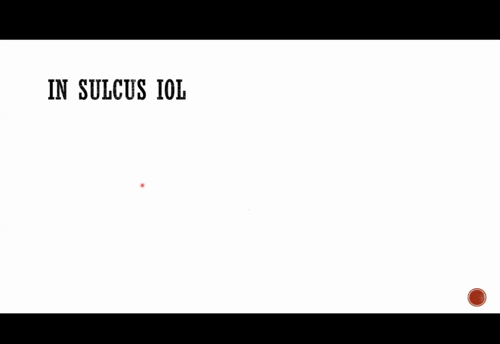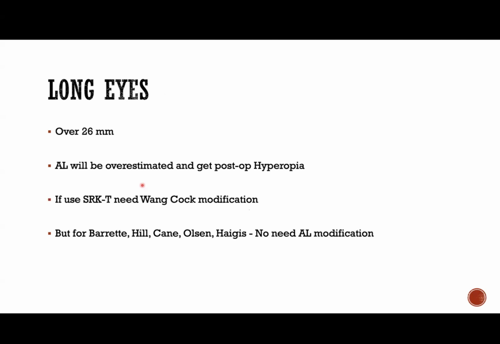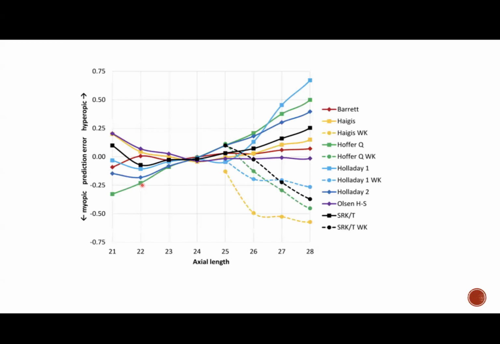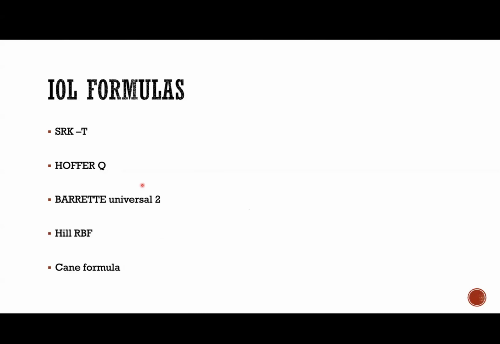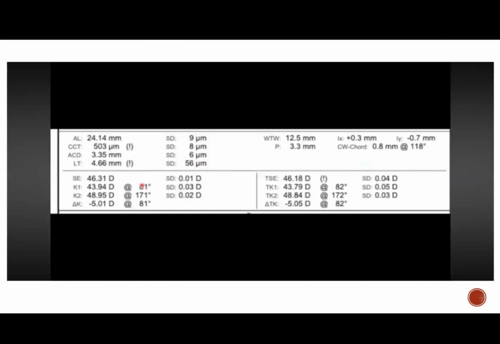So actually, we need another session with advanced formulas and how to choose IOL powers. And as I told you earlier, we get the spherical equivalent value with the report. Now imagine this patient has a -5 diopter cylinder.